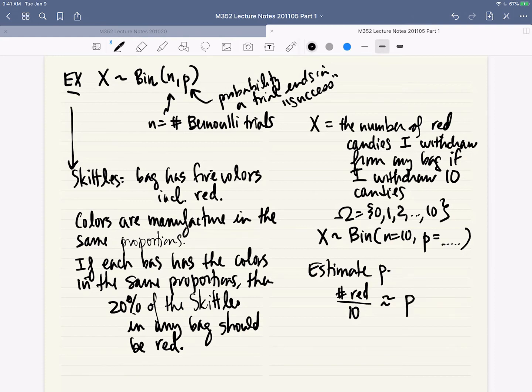This is one of the principles of probability that we've been talking about this semester. This thing on the left-hand side, I'm going to call my estimator: the number of red candies I pull out divided by 10. So that's how estimators work.